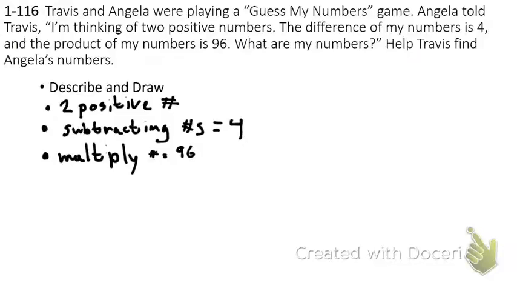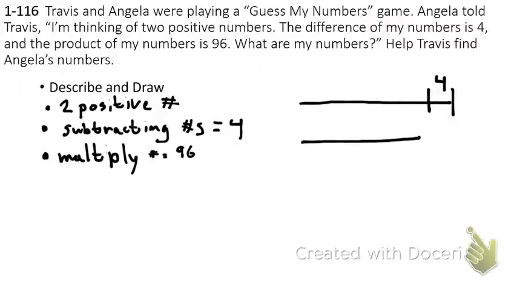However, what I can say, we're going to have 2 numbers. Now we know that one is going to be bigger than the other. We do know that if we subtract them, we're going to get a 4. So the difference between the two must be a 4.